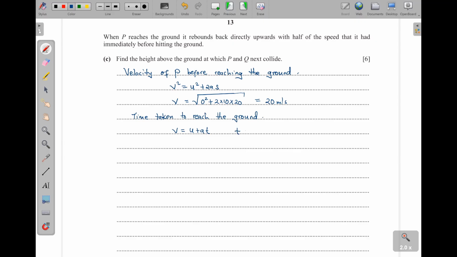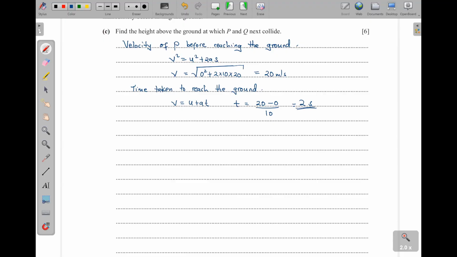If we make T the subject, it is going to be V, which is 20, minus U, which is 0, over the acceleration, 10. So that is 2 seconds. Now, this one is moving upwards. We need to find SP.